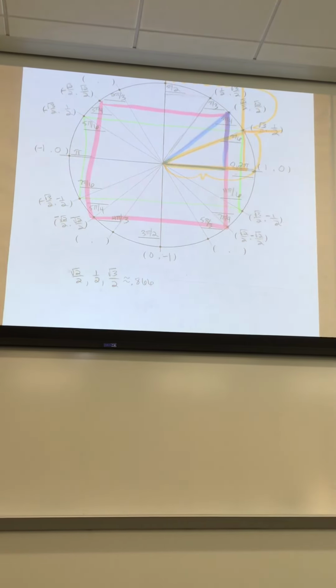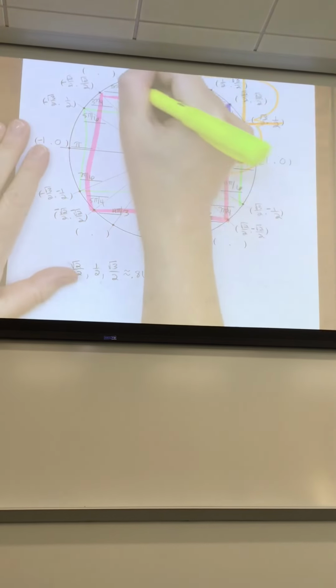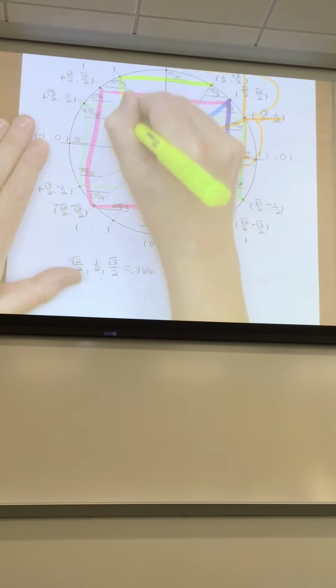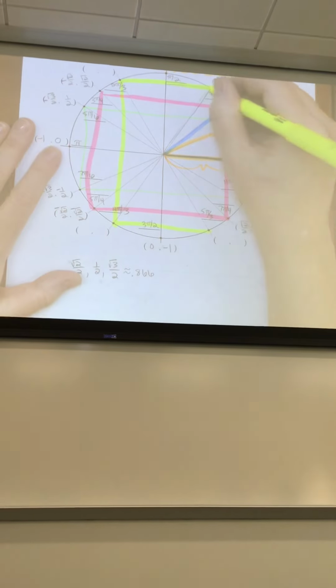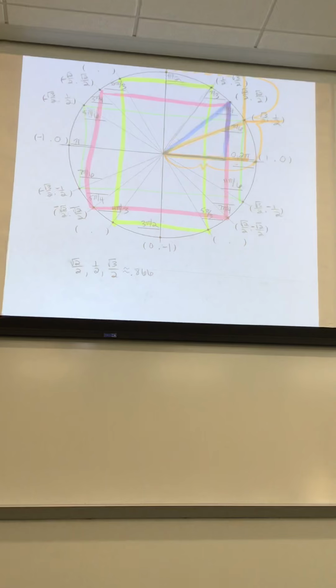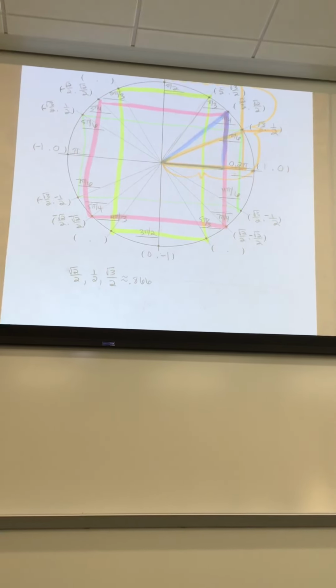I'm going to draw another rectangle, connect all my over 3's, and fill them in, all of them with 1/2, comma, root 3 over 2, and then we put the signs in.